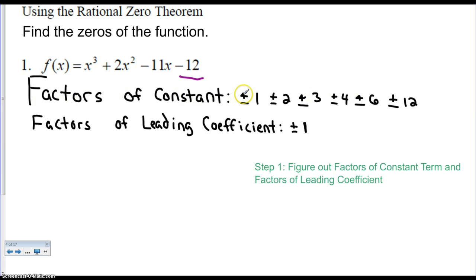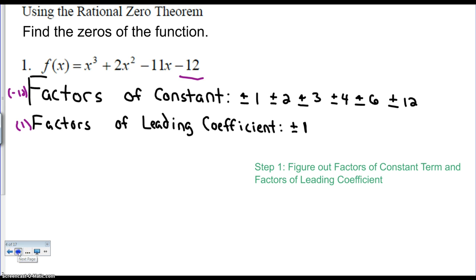I figure out that 1, 2, 3, 4, 6, and 12 are all factors of negative 12. And then I figure out all the factors of my leading coefficient, which is 1 in this case. So what are my factors? Just 1. That's the first thing I do.